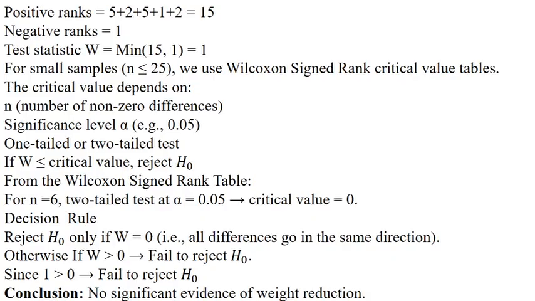So from here, since our 1, which is our test statistic W, is greater than 0, we fail to reject H naught. And we conclude that there is no significant evidence of weight reduction.